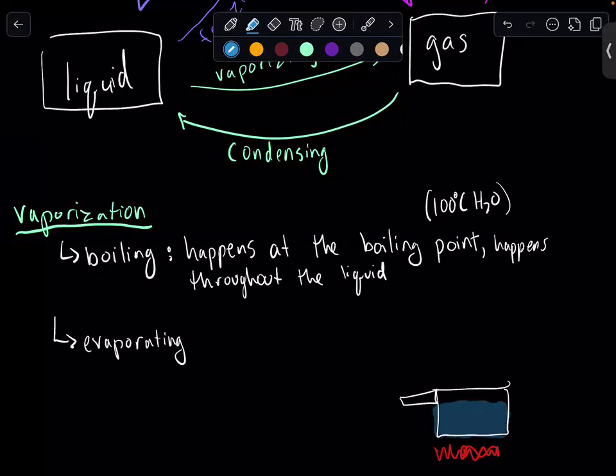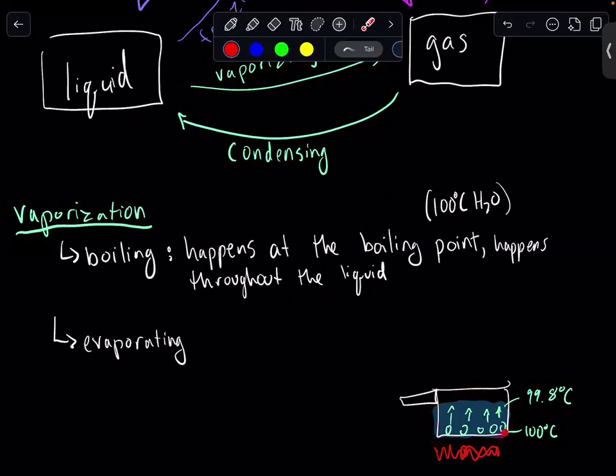You'll generally notice these bubbles form at the bottom and rise up. Now, the only reason they form at the bottom is that's where it's the hottest. It's generally like 100 degrees Celsius here, but at the top it might be like 99.8 degrees Celsius, only because it's interacting with the cooler air. And so the boiling is going to happen at the bottom. But if you were able to get that temperature uniform throughout your liquid, the boiling would happen everywhere.